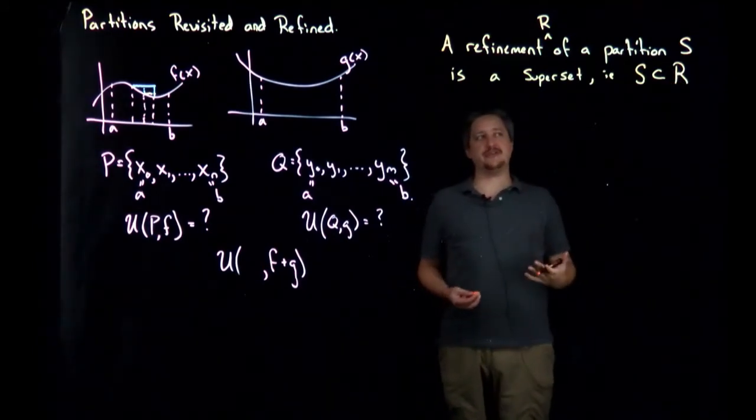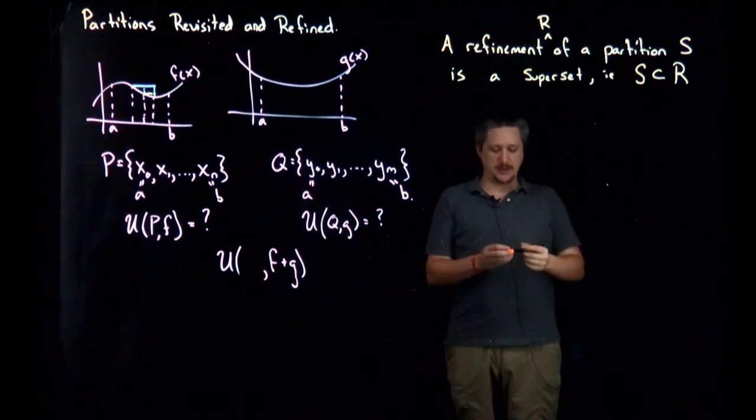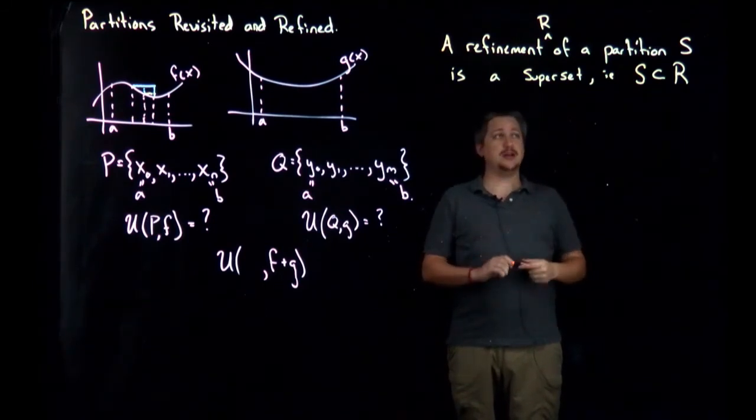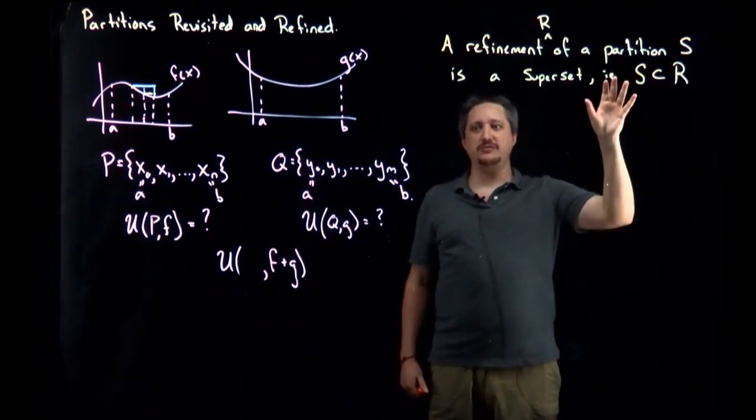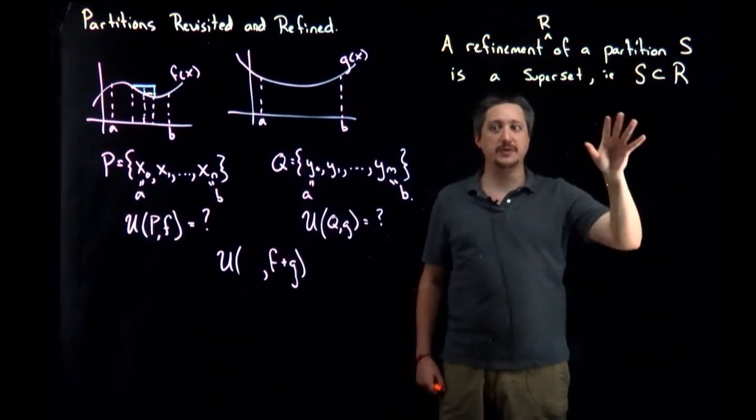Some people might go so far as to say that it is a strict subset. I'm not going to worry about that distinction at the moment. The point is that R definitely has all the points of S, and probably more. And that's what we mean by refinement.